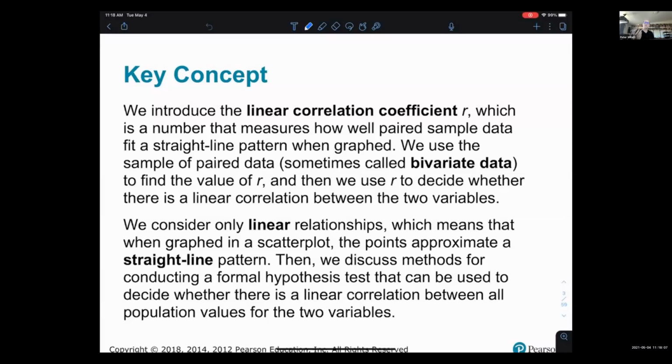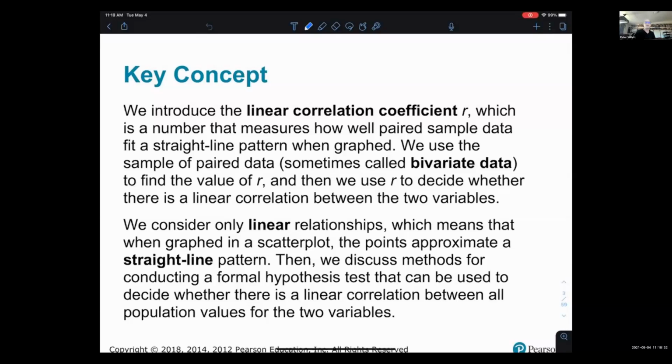Then you plot those points on a graph, and you can see if the points seem to go in sort of a linear pattern. We'll look at a lot of examples of these graphs in this introduction to try to develop our judgment as to whether there appears to be a linear correlation between data sets when they have matched pairs.